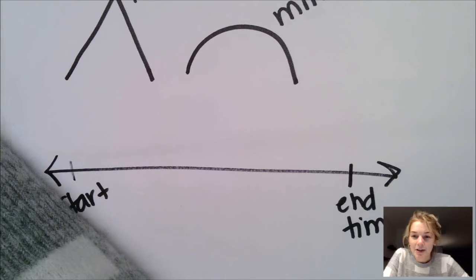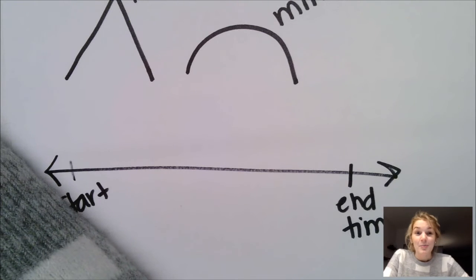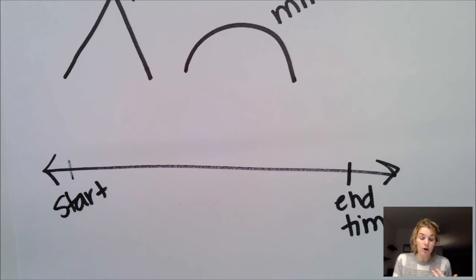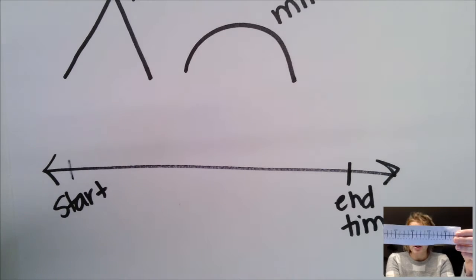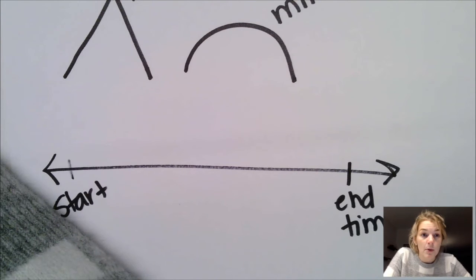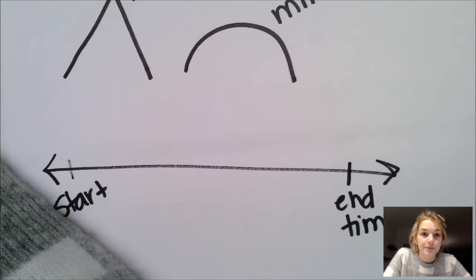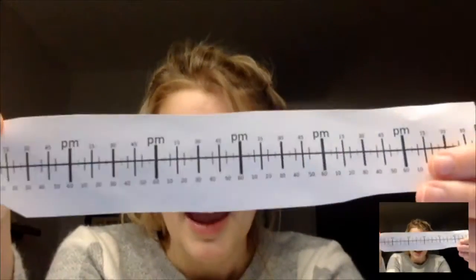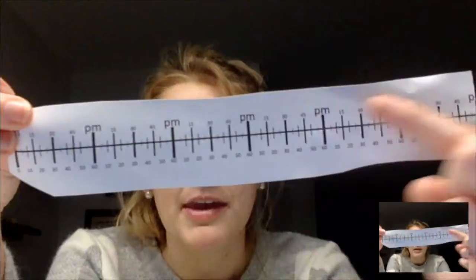Now, I'm going to zoom in for a second, because if this is a little bit difficult for you and you want to start with a number line or a timeline that I have, you can absolutely print that out. So I'm going to get a little bit closer here and show you what this looks like. Here I have a timeline, a number line, and you can see that it has all the PMs.